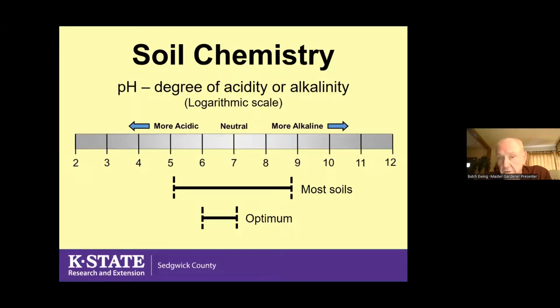your environment is. Most of our soils are going to be somewhere probably between a 5 and a 9 on the pH. And I might point out this pH is always expressed to the nearest 10th. So you'll have a pH of like 5.6 or 6.3 or 8.1 or 7.2.